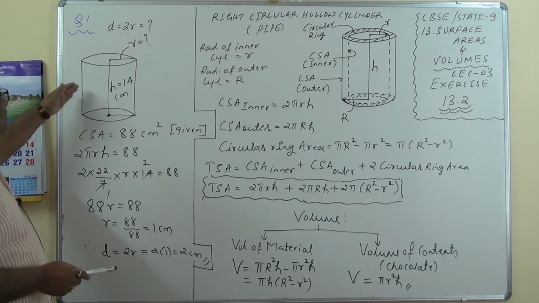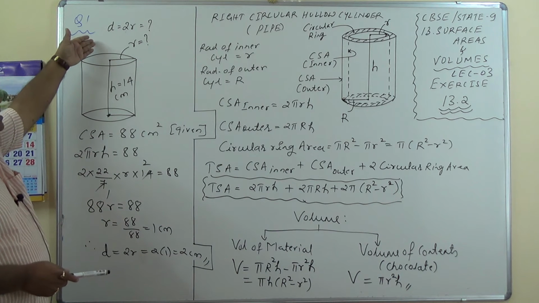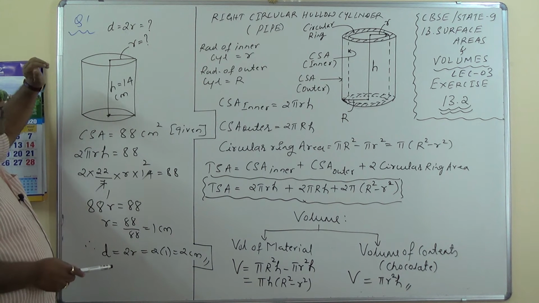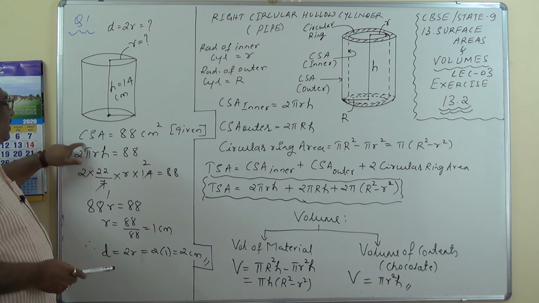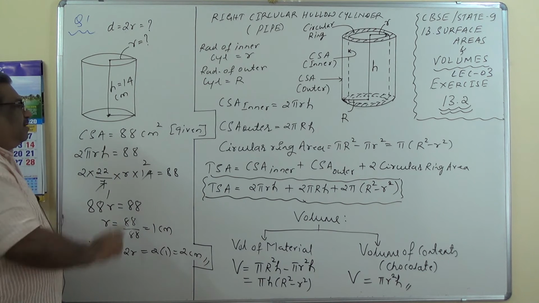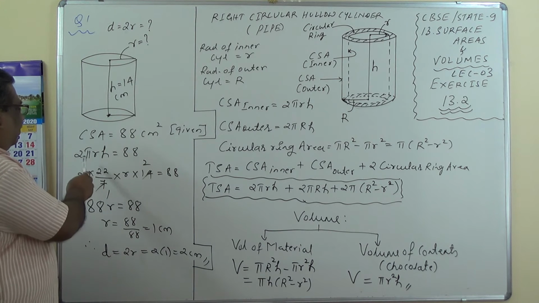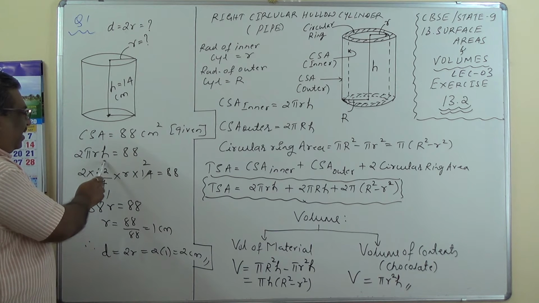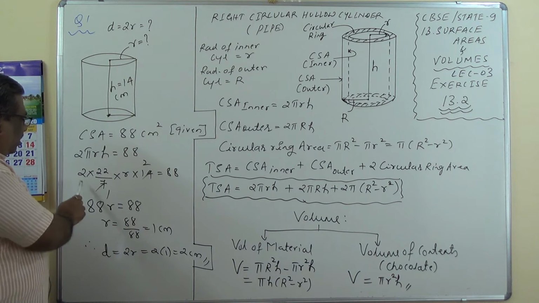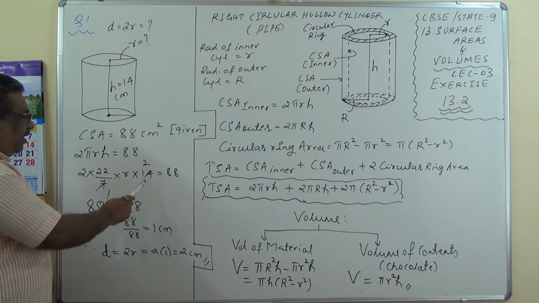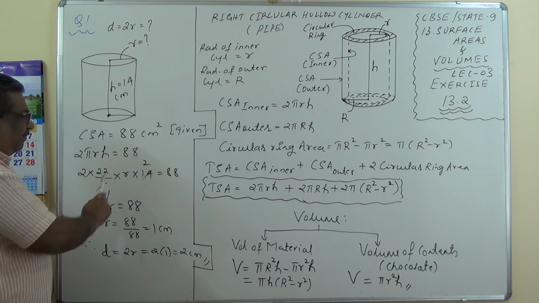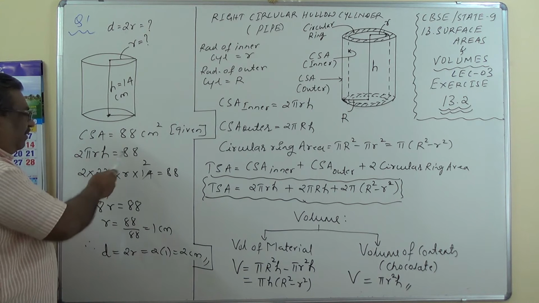Question number 1. Cylinder. Diameter is the question. Height is given 14 centimeter and curved surface area is given as 88 square centimeter. We know the formula. Curved surface area is equal to 2 pi RH equals 88. 2 into 22/7 into R, which we have to find out, into 14 centimeter is the height, which is equal to 88 given already.